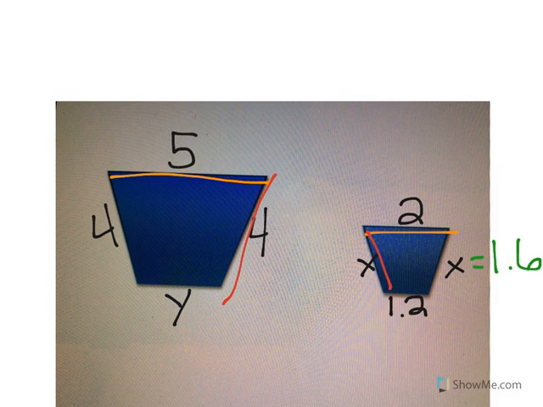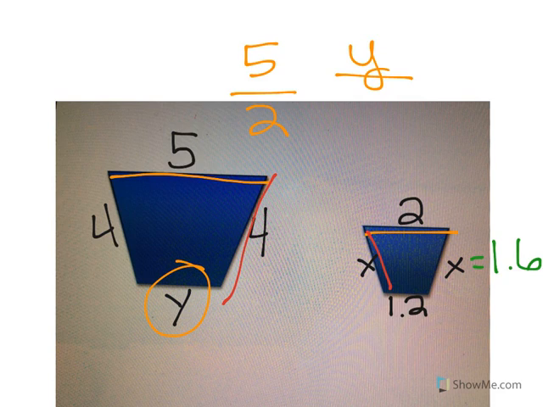Alright, so now we're ready to go for y, and I'm going to use that same pair of sides, the side that's marked in orange, 5 over 2, and this time we're missing y on the larger trapezoid, and that side y corresponds with 1.2. So that would go on the bottom of the other ratio, and we're going to set them equal to each other.